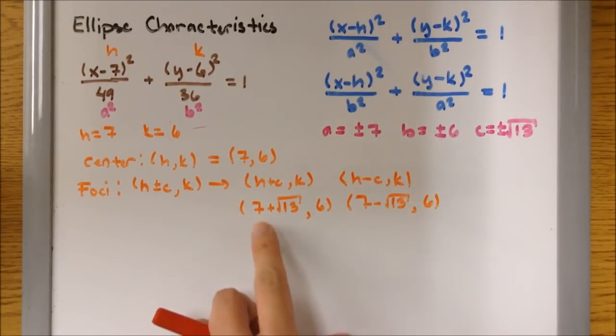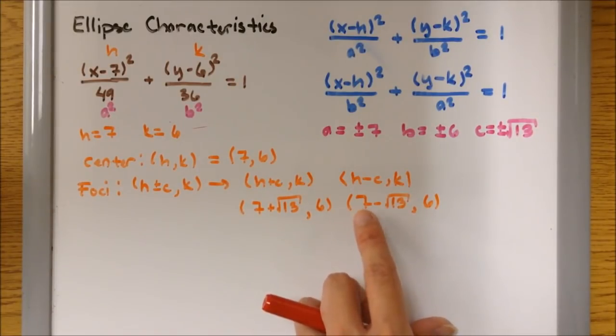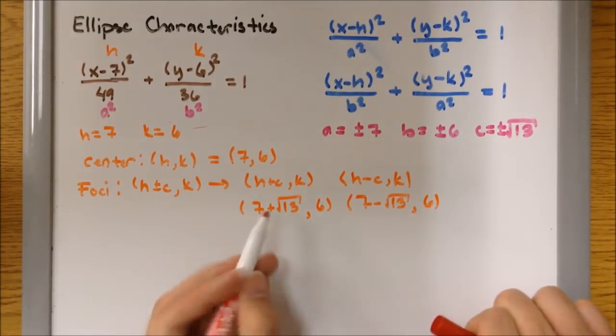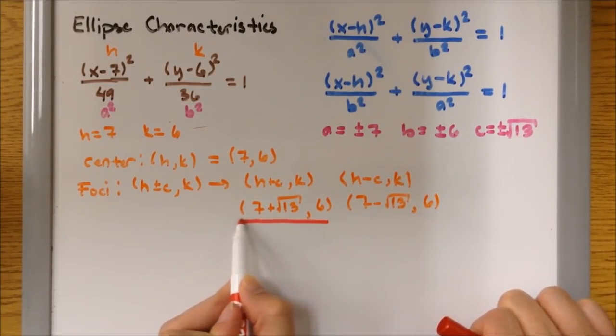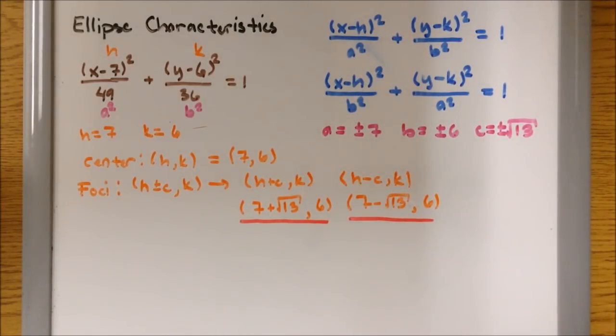So my foci points are 7 plus square root of 13 comma 6, and 7 minus square root of 13 comma 6. Those are my 2 focus points, or my foci. I'm going to leave it like that. That's all you have to do for your answer for foci. Now, next is our vertices.